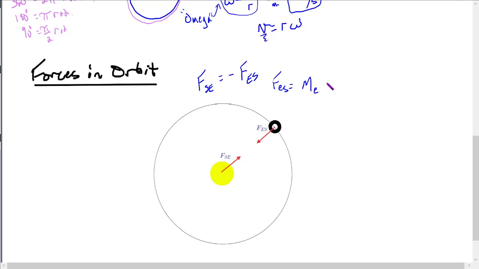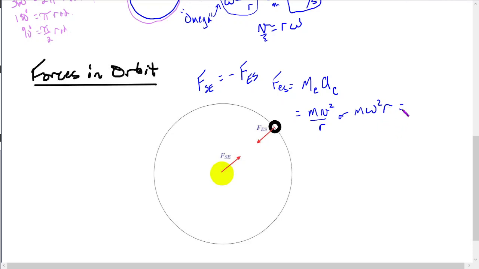The mass of the Earth times the acceleration keeping it traveling in a circle. All right, so that's going to equal m v squared over r, or m omega squared times r. These two are equivalent statements, and this is how you calculate the force acting on the Earth.